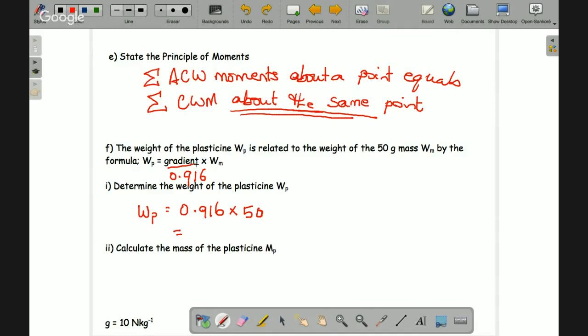So that's 45.8, and it actually says that that's the weight, so that's newtons.